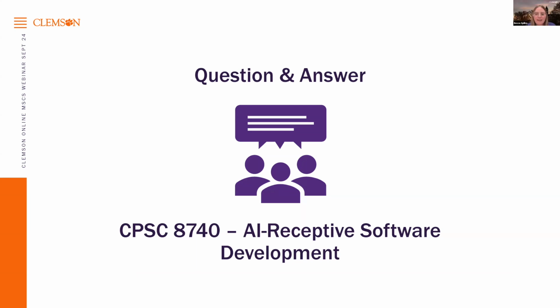Awesome. Is there a specific AI we would use, or a specific type, for 8740? It depends on the assignments, but we do start with AI and coding. So maybe you use Copilot. You could also use ChatGPT and work with it back and forth in code.